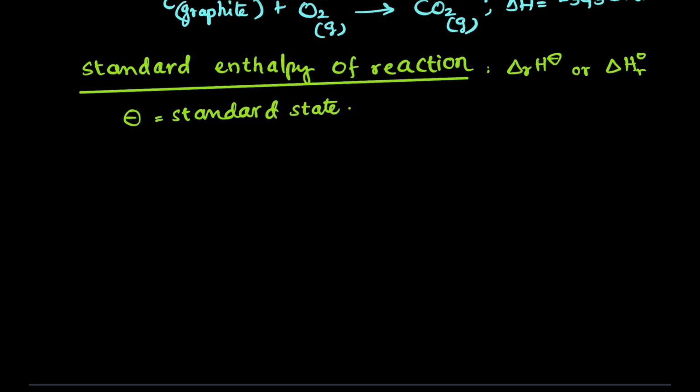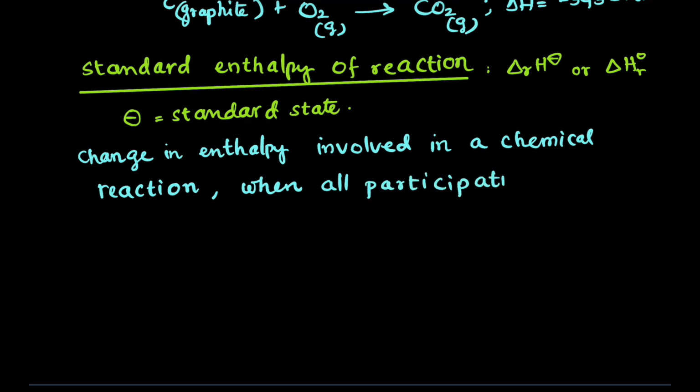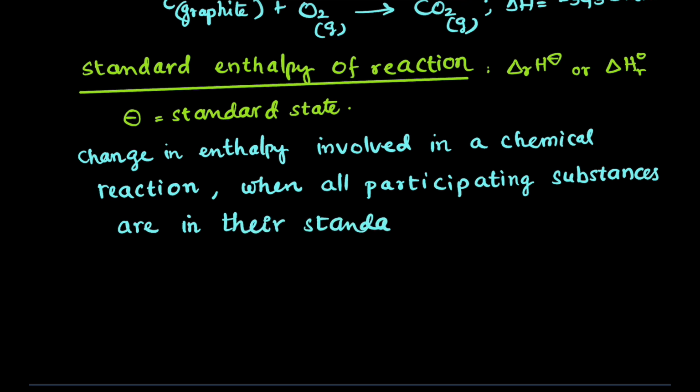Generally it is represented as delta rH, but the superscript indicates the standard state. So here is the definition once again: the change in enthalpy involved in a chemical reaction or process when all the participating substances are in their standard state.